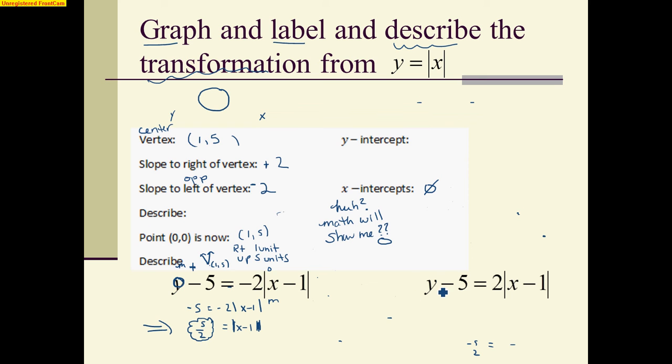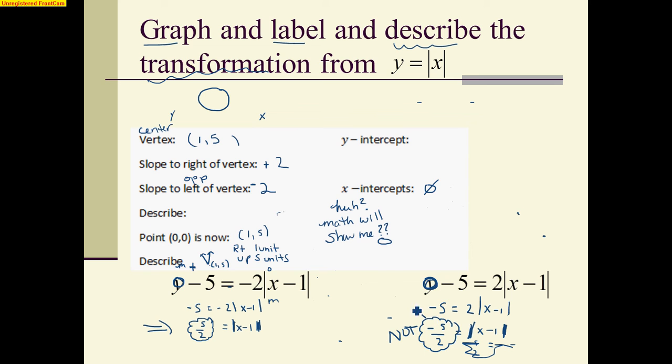So look what happens here. When I put 0 in for x, I get negative 5, y. I get negative 5 is equal to 2 times the absolute value of x minus 1. Divide both sides by 2, and I get negative 5/2 is equal to the absolute value of x minus 1. Absolute value, all by itself, cannot ever equal a negative.